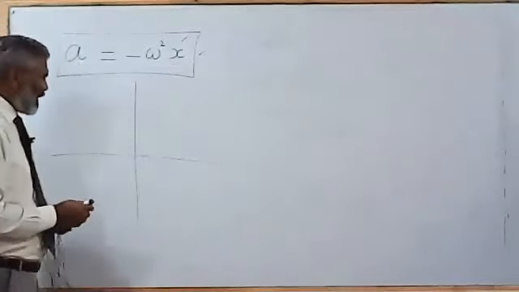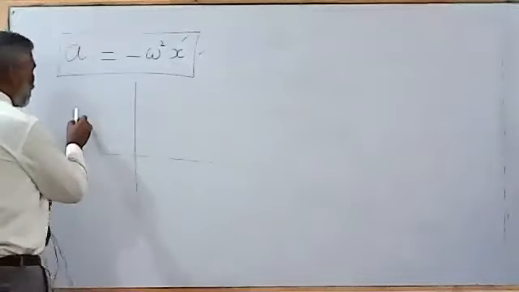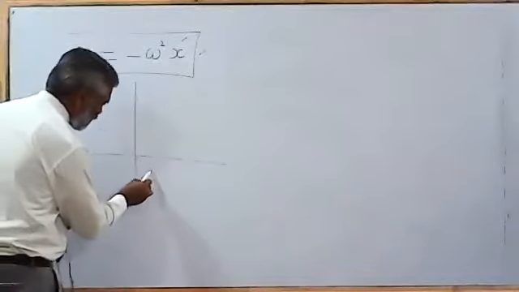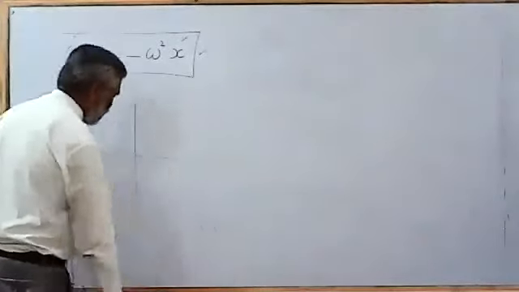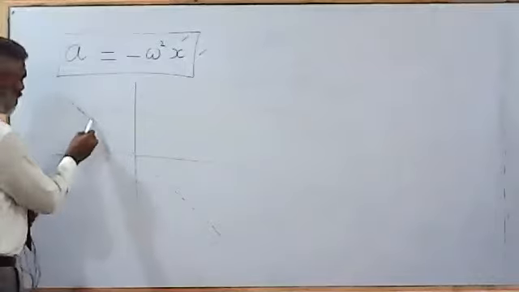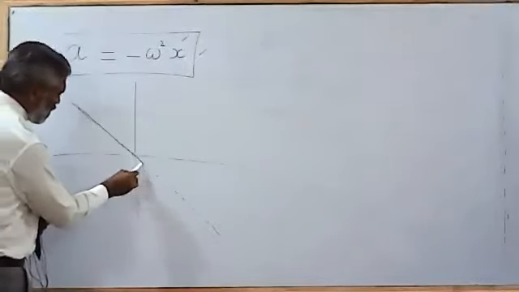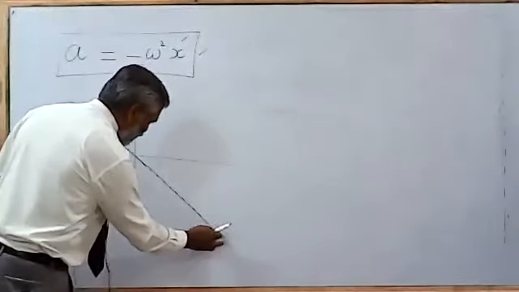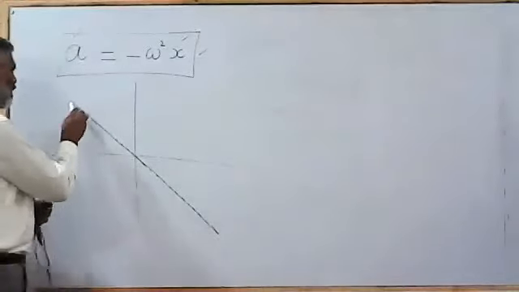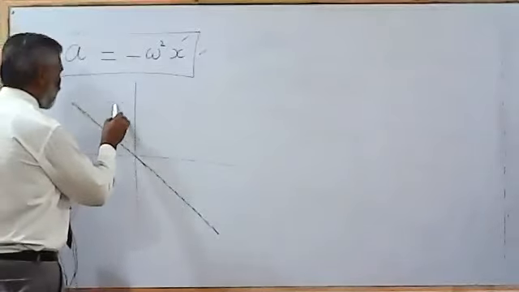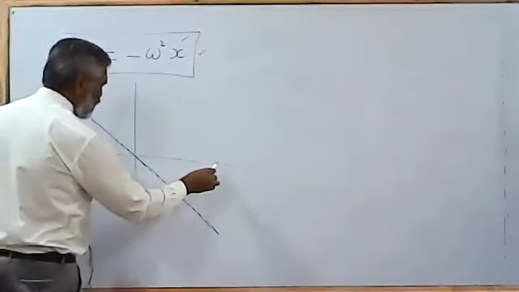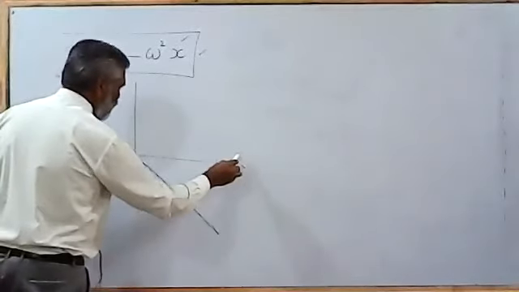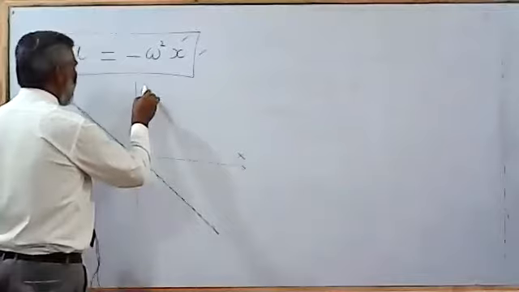So what we see is we have a graph of this type in these situations. Of course, this graph stops at a certain value of acceleration that corresponds to a certain value of x. So we take x on this side, we take acceleration along this.